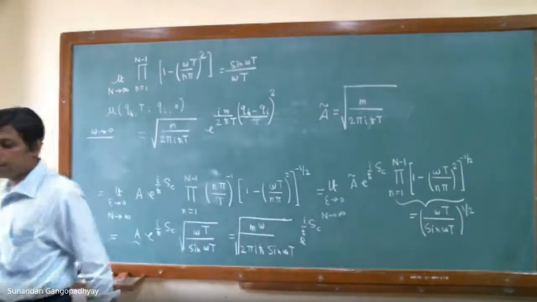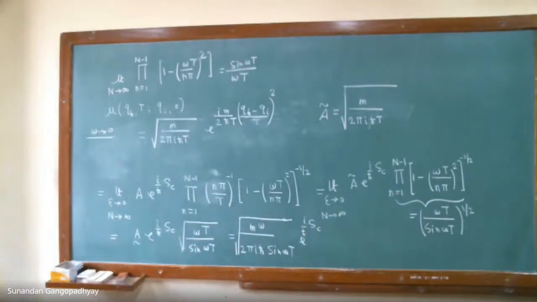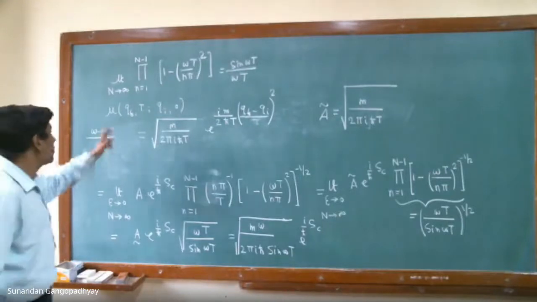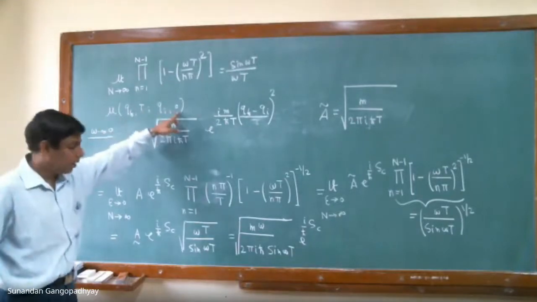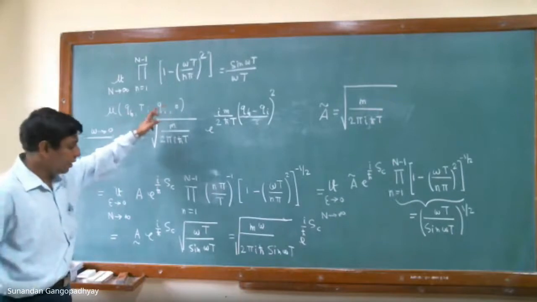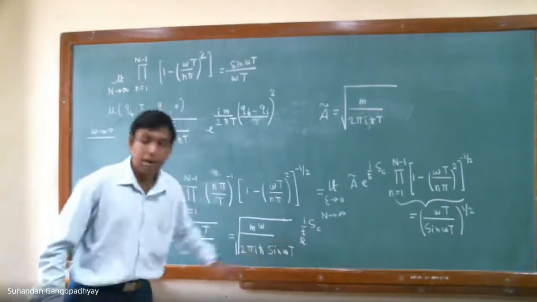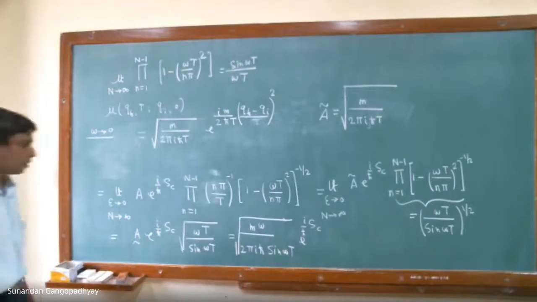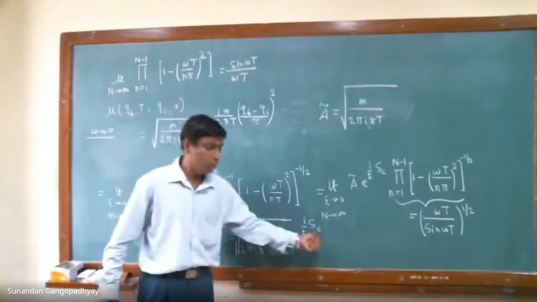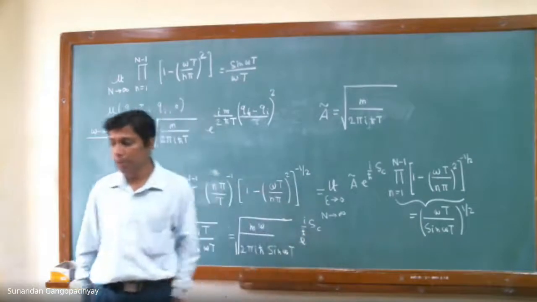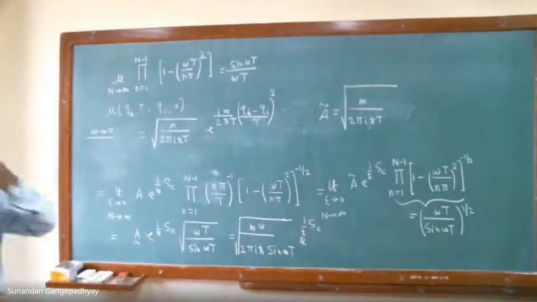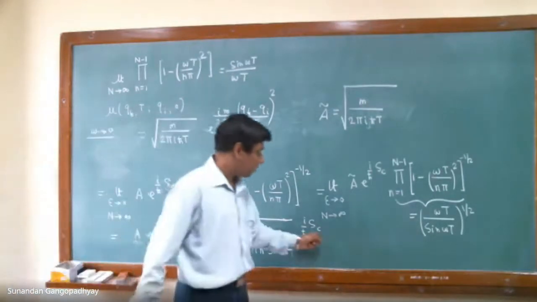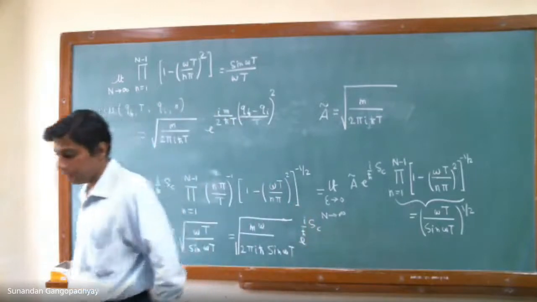So you just check that this was the expression that I gave you, the expression for the propagator for the harmonic oscillator that I have written down earlier in order to calculate the partition function for the quantum harmonic oscillator. With S_C I have already given it, so I am not writing it anymore, but you should definitely verify that value yourself.